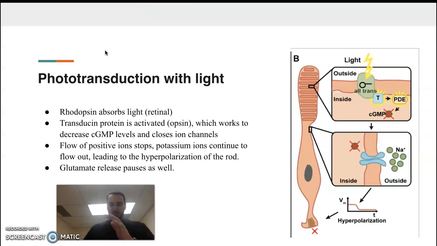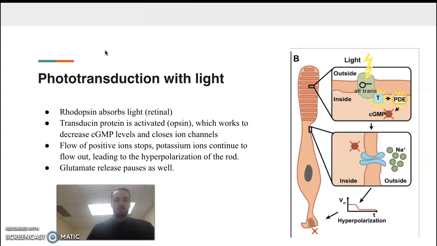All right, so I'm going to go through this picture and kind of demonstrate what happens. As light goes through the lens and hits these photoreceptors to stimulate them, the light is actually absorbed by retinol, which leads to a little chain reaction. It leads opsin to activate another protein called transducin.